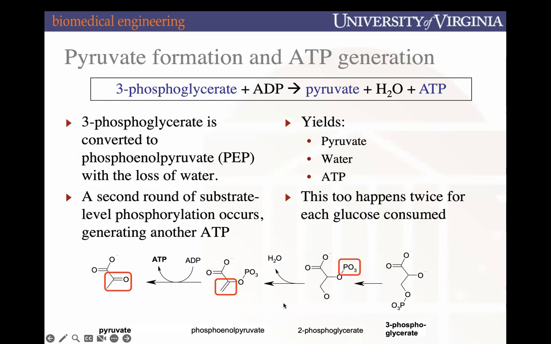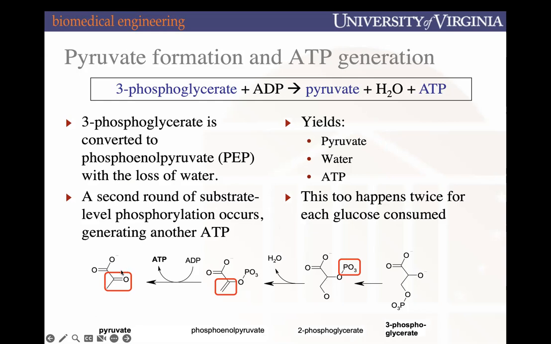And then an enzyme called enolase produces phosphoenolpyruvate. Then again, there's another substrate level phosphorylation event whereby the phosphate group from phosphoenolpyruvate is used to phosphorylate ADP to become ATP, and that leaves us with pyruvate.